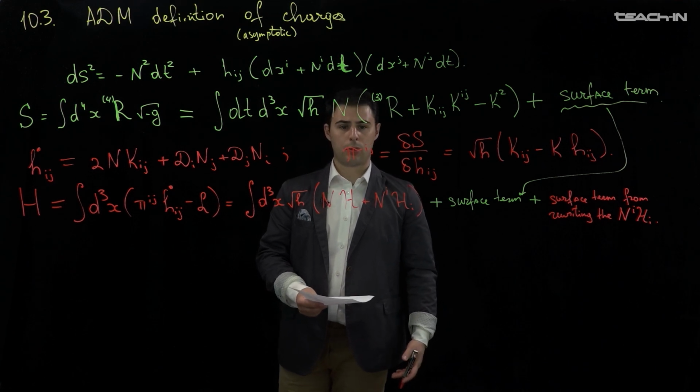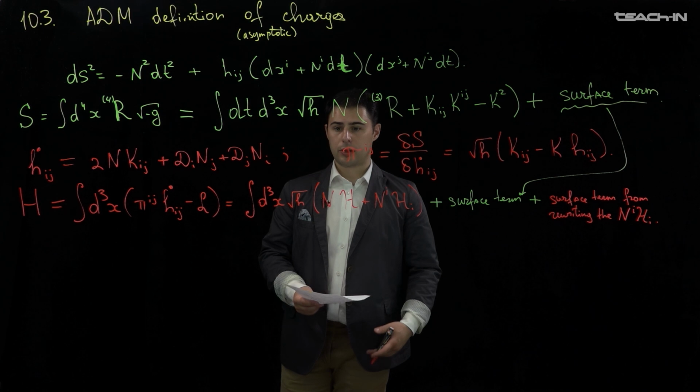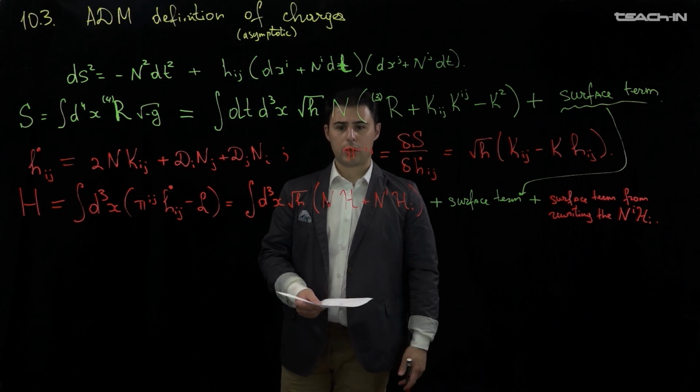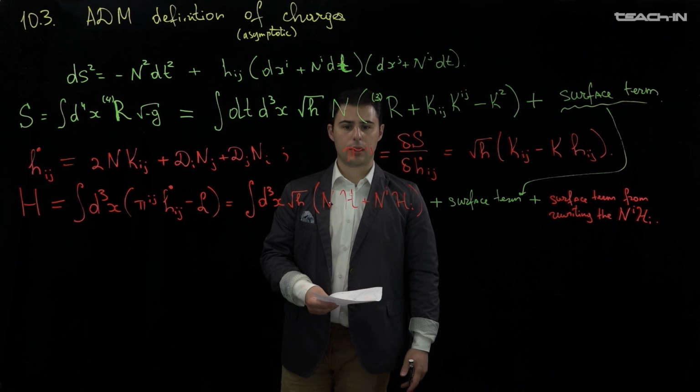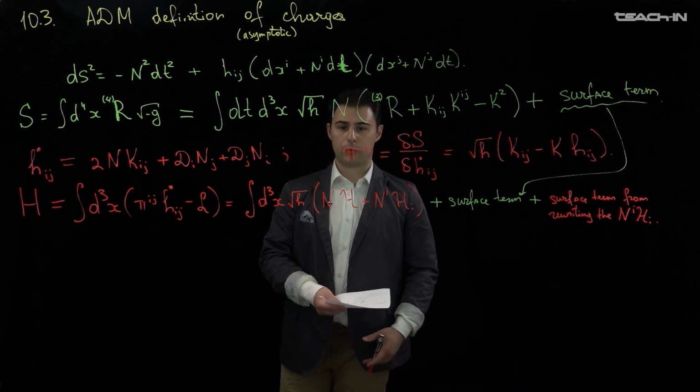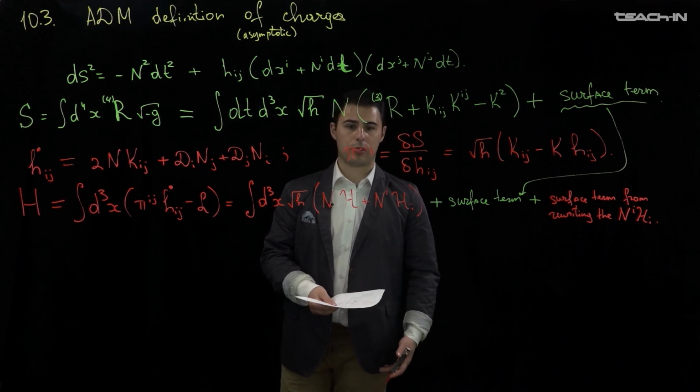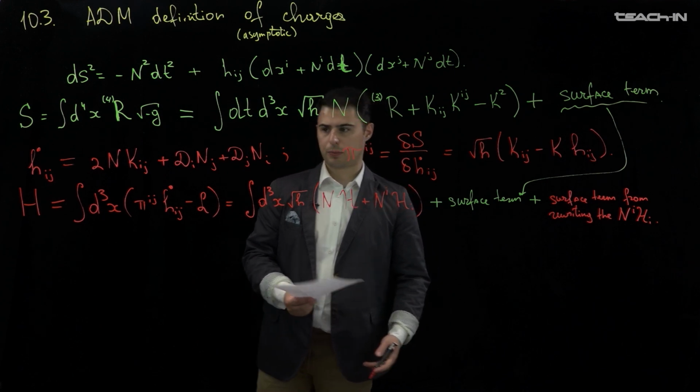This can be seen from the Hamiltonian itself. Notice that N and N^i appear as the Lagrange multipliers. They are not within the H and H_i. And varying with respect to them, we would have the H and H_i vanish.